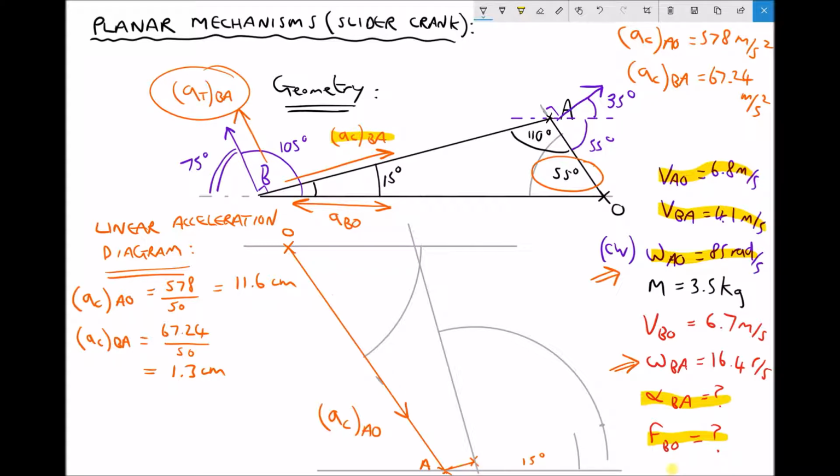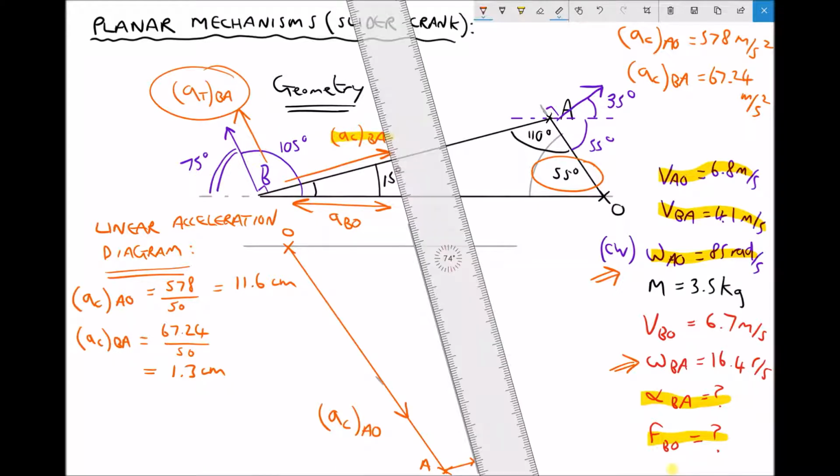I'm just going to remove some of these construction lines, and then we'll clarify what we've done there. So I'm going to remove each of my angular construction lines, and this datum line along the bottom here, and also this angular construction line here. Now, the same as we did with the velocity diagram, we can complete this diagram.